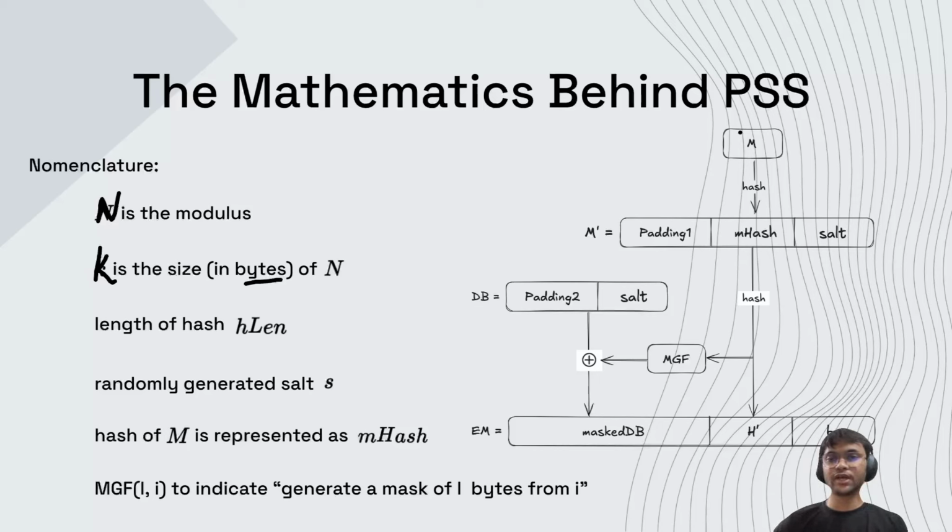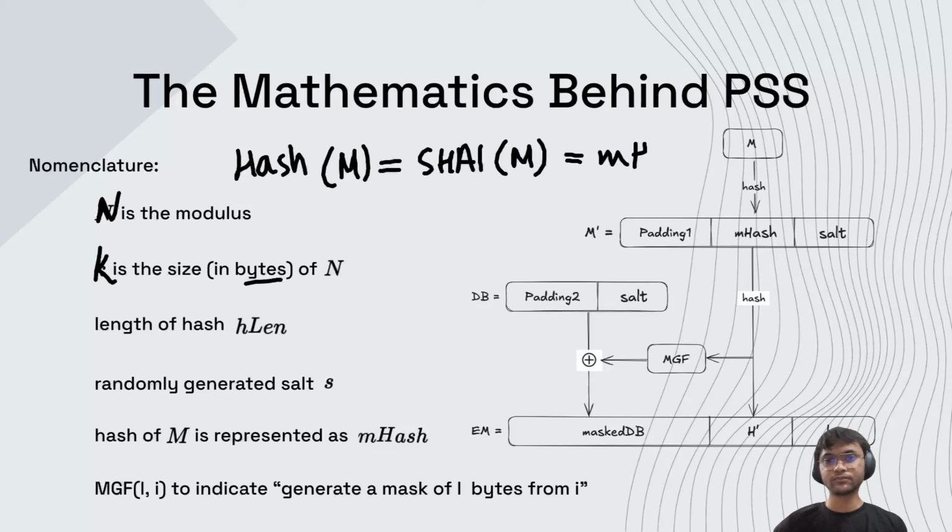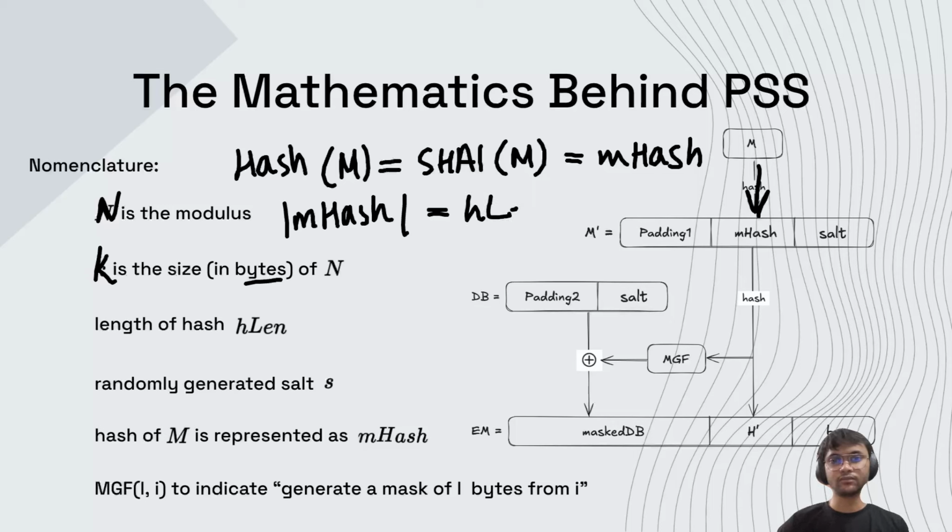We'll be computing a hash of the plaintext, M. And the hash that we'll use in our sample example is the same as we used before. It's SHA-1. So we'll compute the hash of M, and that would be M hash that you see here. The length of this M hash is HLen.